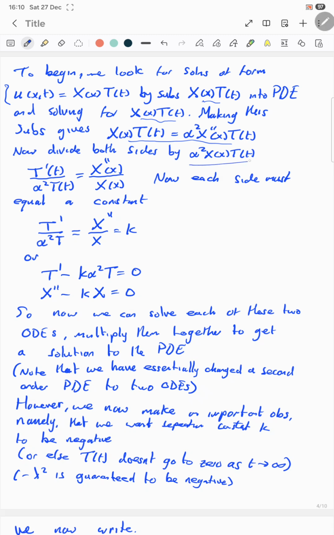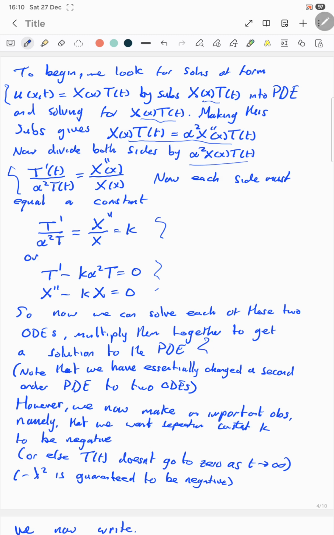Now dividing both sides by alpha squared X of x T of t, we get this here, which you should probably all be familiar with by now. And now each side must be equal to a constant. So we get T prime minus k alpha squared T equals 0, X double prime minus k X equals 0.